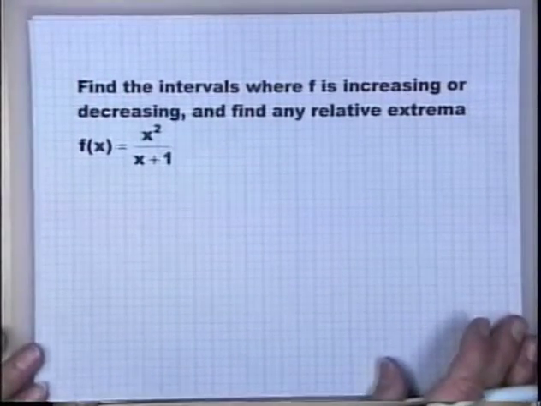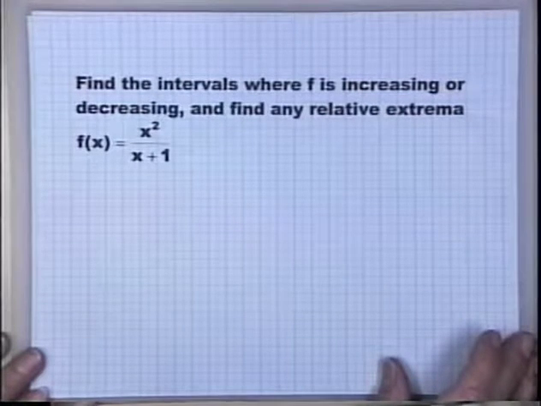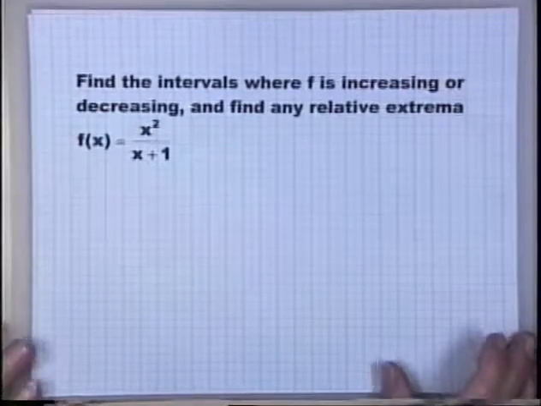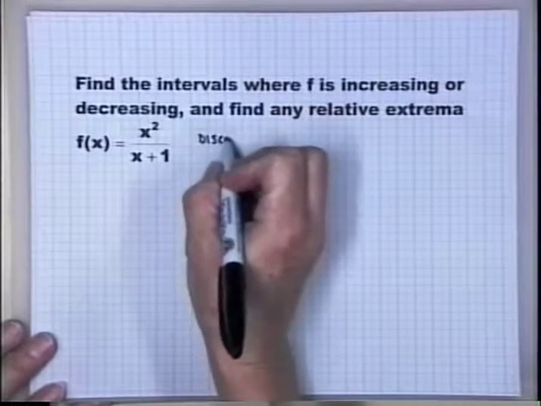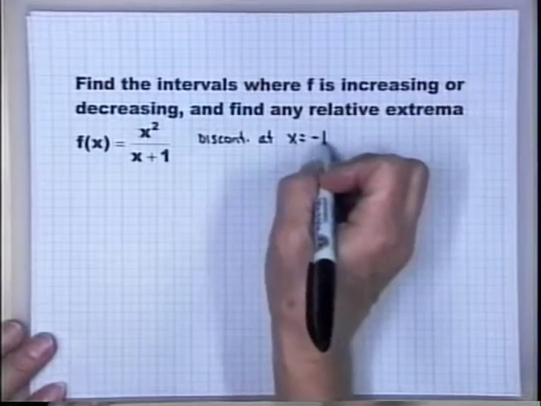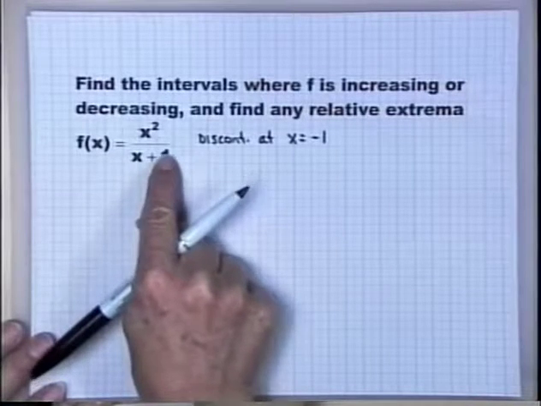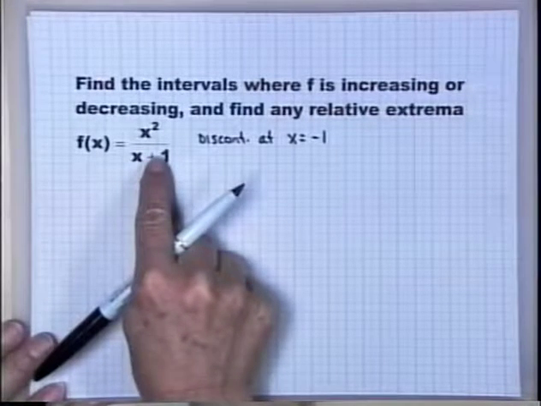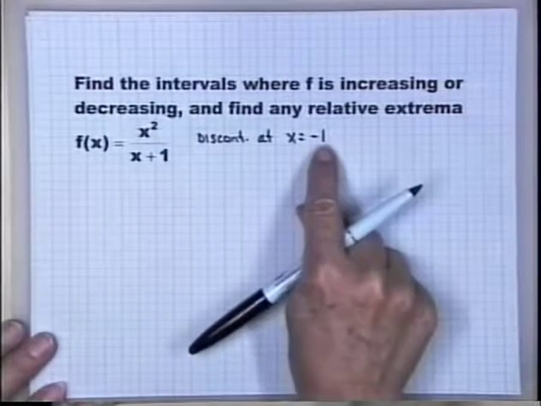Find the intervals where f is increasing or decreasing and find any relative extrema. Okay? Well, let's notice first of all that this function is discontinuous at x equals negative 1. How do I know that? Because negative 1 plus 1 produces a 0 in the denominator. So this function is not defined at x equals negative 1.